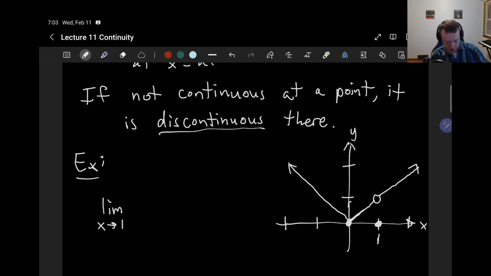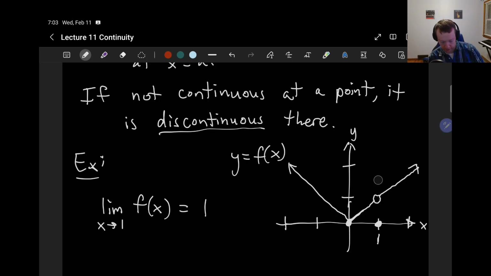So in this case, focusing on that x value of 1, the limit as x approaches 1 of f of x, and yes, this is a graph of y equals f of x, well, the limit is 1 because that is the y value that we're approaching. That's what matters when it comes to limits. However, the true value f of 1 is not that, it's 0, height 0.